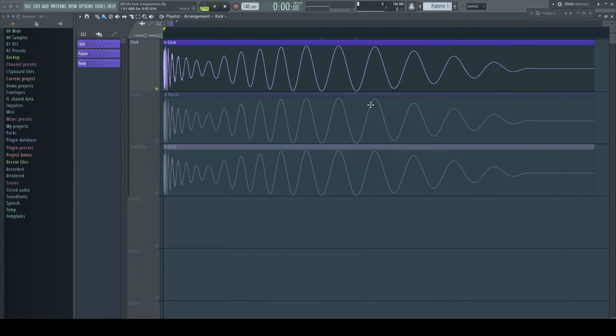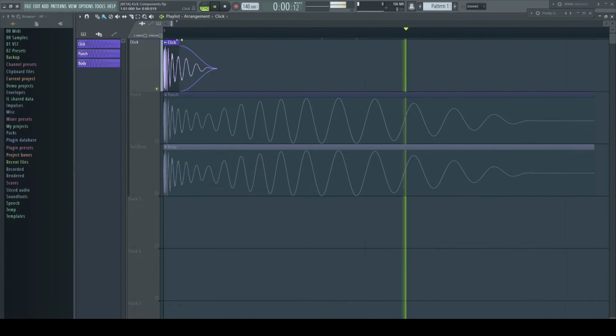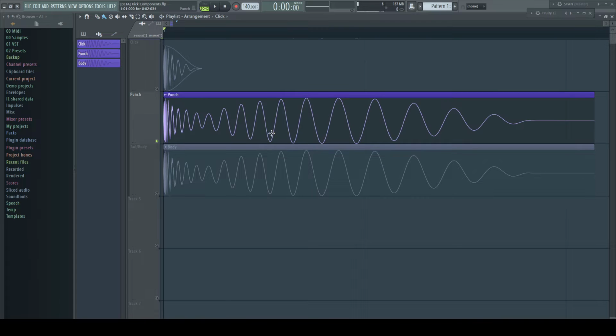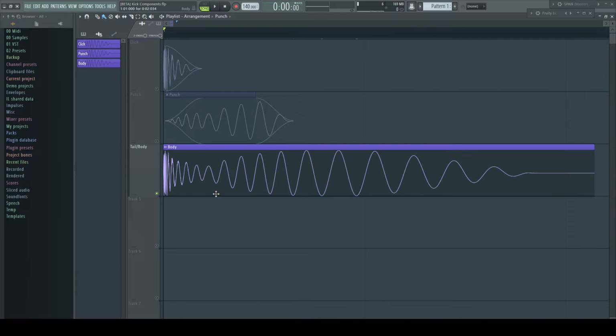We can isolate the click, the sweep or punch, and the body.